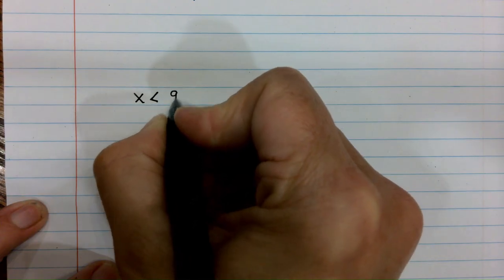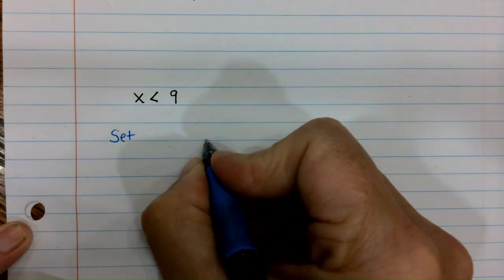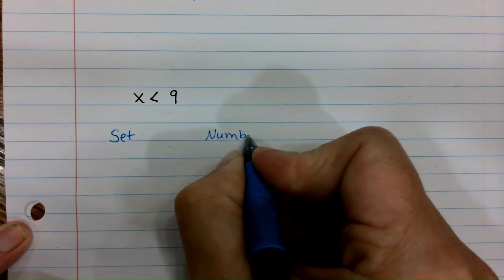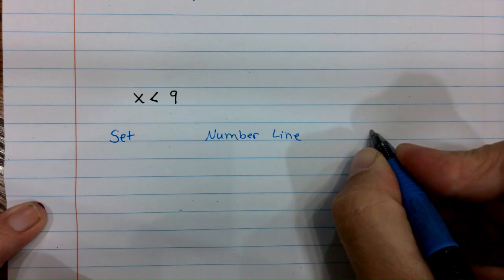So let's go ahead and look at one example from all the notations together. Let's go with x is less than 9. So we need to look at our proper set notation, we need to look at number line notation, and we need to look at interval notation.